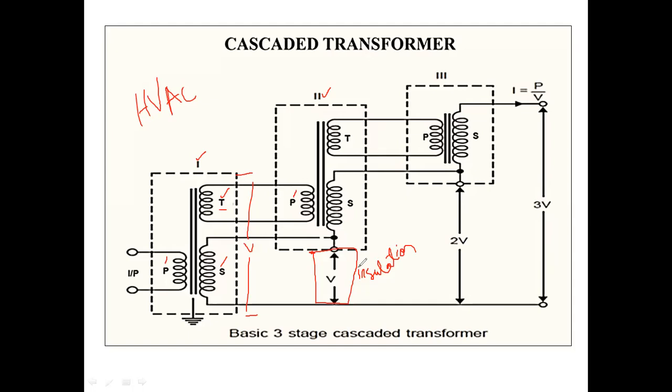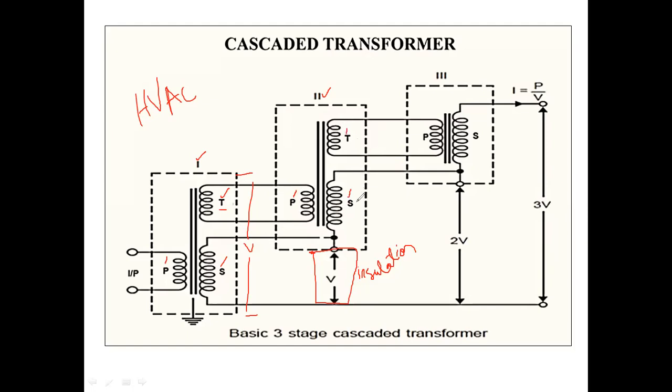We will keep it and maintain it up till the end of this cascaded transformer. Now again we have the primary winding, the secondary winding, and the tertiary winding.